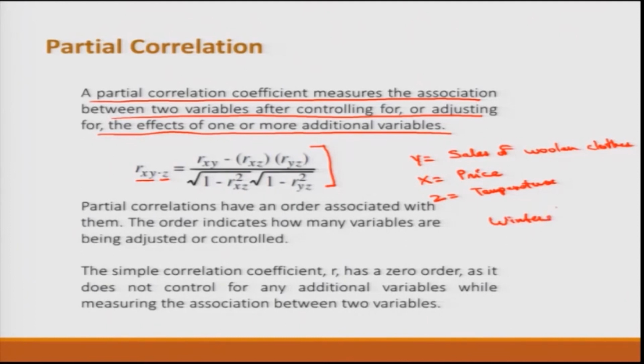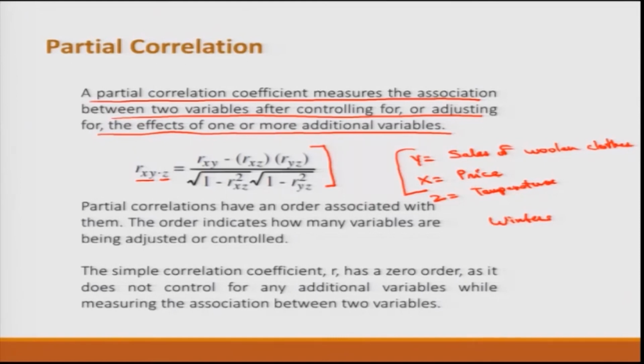If I just see the relation between x and y, the price would reduce the sales. But if temperature, another variable, is there, if it is chilling cold, if the winter season is at peak and the cold is chilling, the sales would be high irrespective of price. So, this is the use of partial correlation.